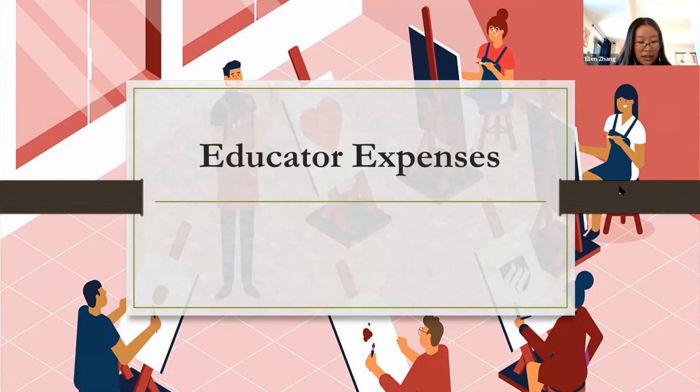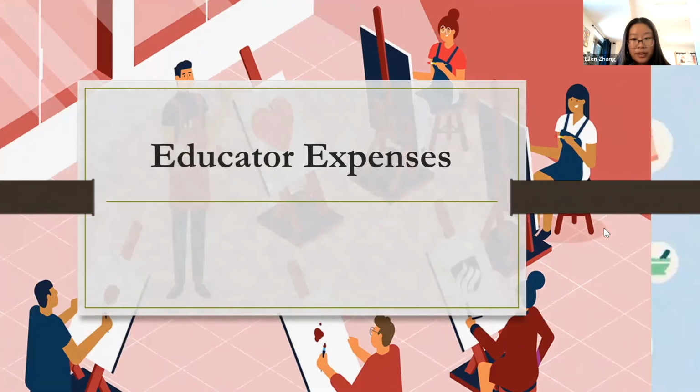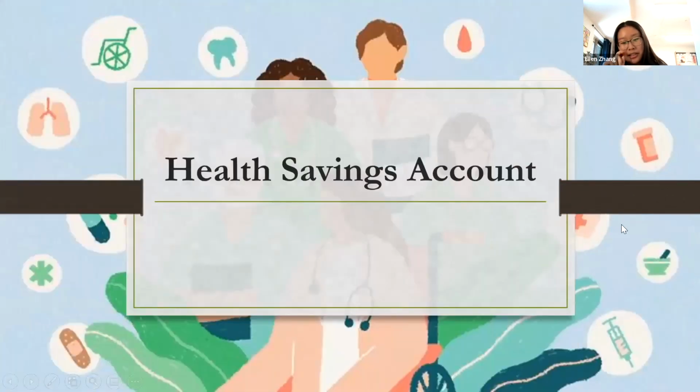And lastly, we have the health savings account. So similar to a Schedule C, a health savings account can get really messy. And I don't really want to delve into that in too much detail right now. If you are aware that you have a health savings account, feel free to check out the resources doc for better instructions on that.